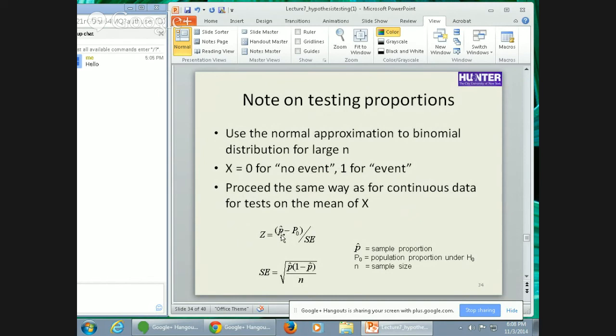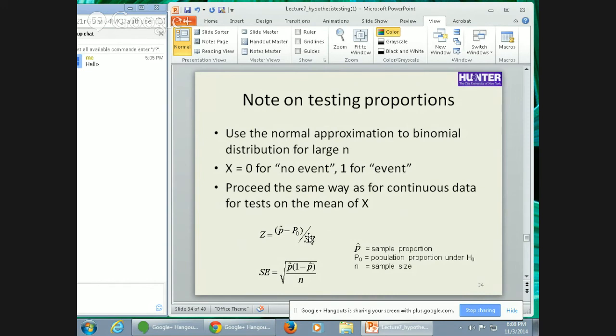Then the mean of the zeros and ones is p hat. That's your proportion, so the number of ones divided by your total sample size, and your theoretical mean p naught. The test statistic is the difference divided by the standard error again. And then you use the z table in just the same way. So it's really not much different. It's just a little bit different stepwise as you go through the actual calculations.